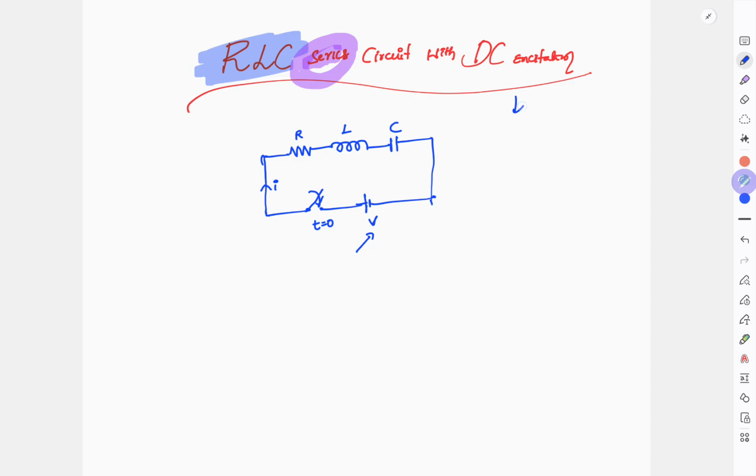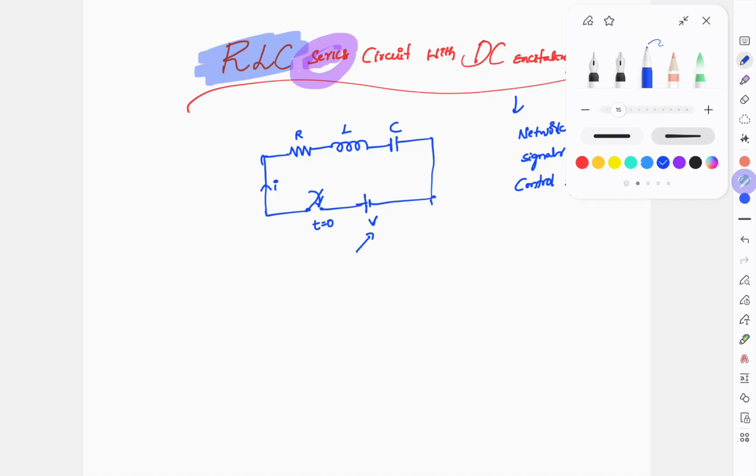Here and also in signals and systems it is somewhat useful to solve things. Moreover, you will be using this in control systems. Okay, let's get into this question.